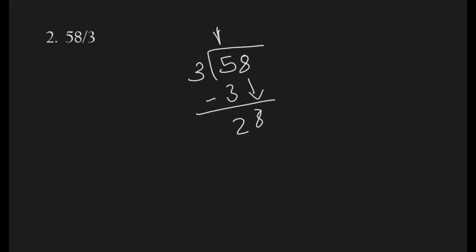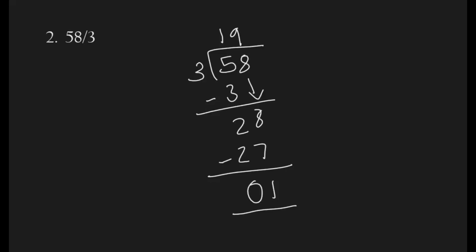The closest number to 28 that is less than 28 and is a multiple of 3, well, is 27. 9, 3 times 9 equals 27. So what we're going to do is we're going to subtract. 8 minus 7 is 1, and then 2 minus 2 is 0. So we got 1 as our remainder.